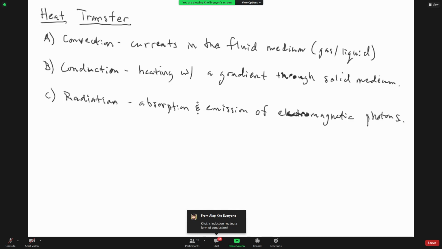Induction is actually not a separate form of heat transfer. It is a form of conduction, but instead of directly sending current into the metal coils to heat them up, we send current into a coil that's underneath, and then the material on top is paramagnetic, and that in turn induces a current inside of that material, and that's why it heats up.